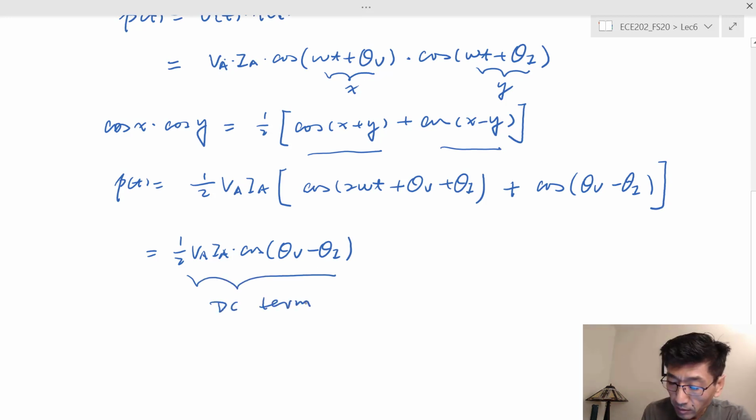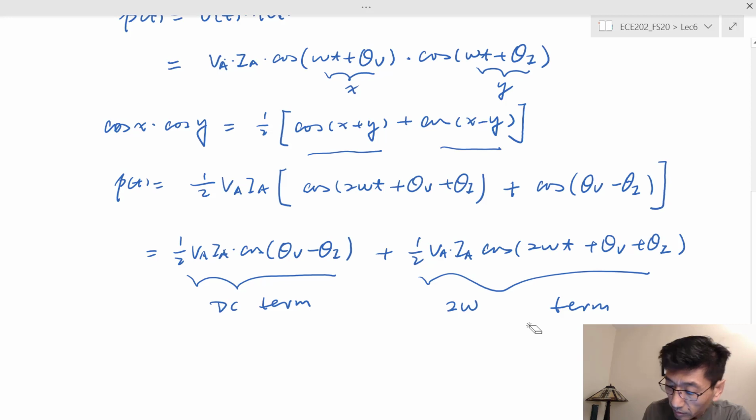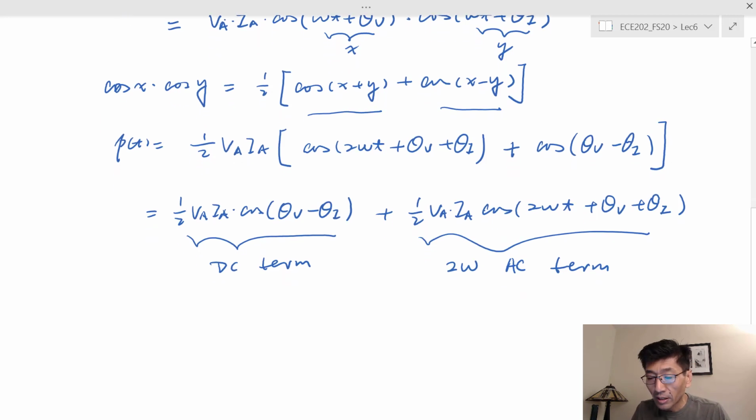And we also have another term, half V sub A times I sub A times cosine 2 omega t plus theta V plus theta I. This is a 2 omega term, so this is an AC term, a 2 omega AC term. If you use one capital, that's fine. Actually, there are two conventions for AC: using lowercase or using uppercase.